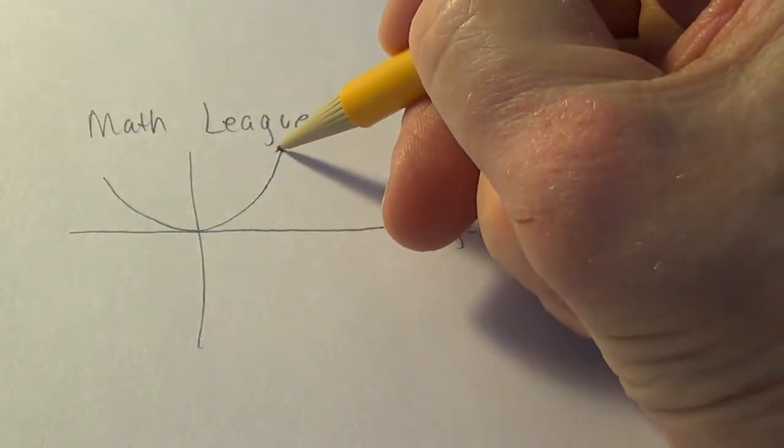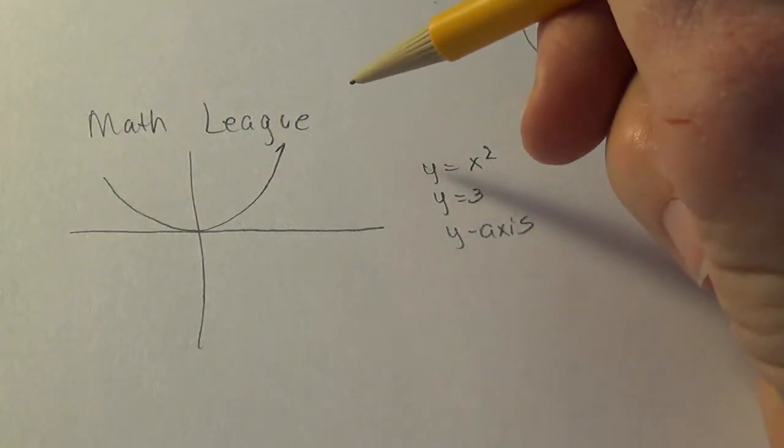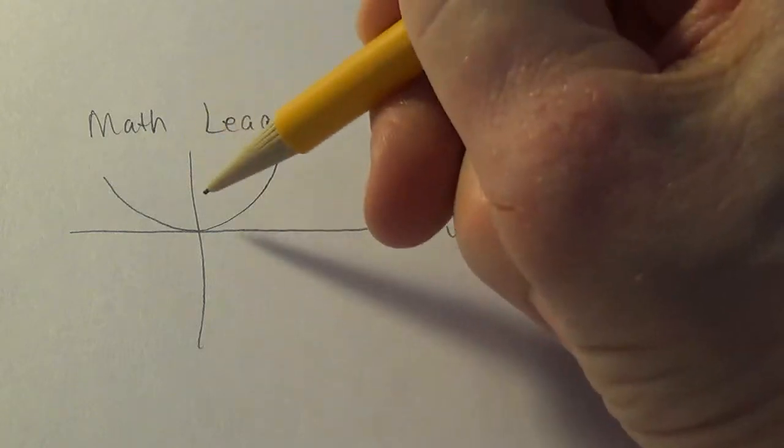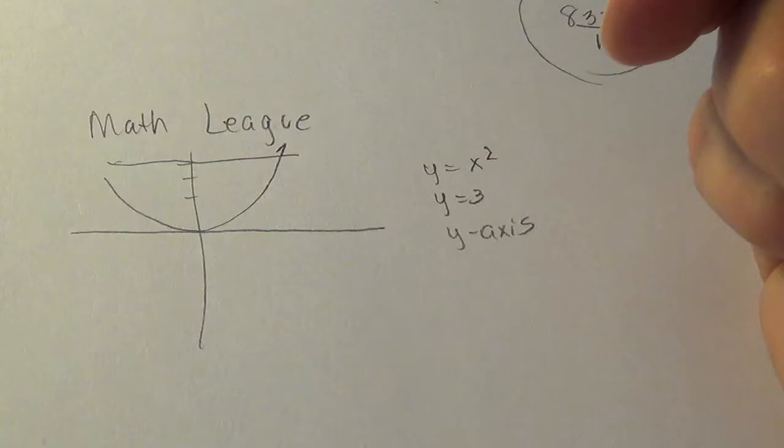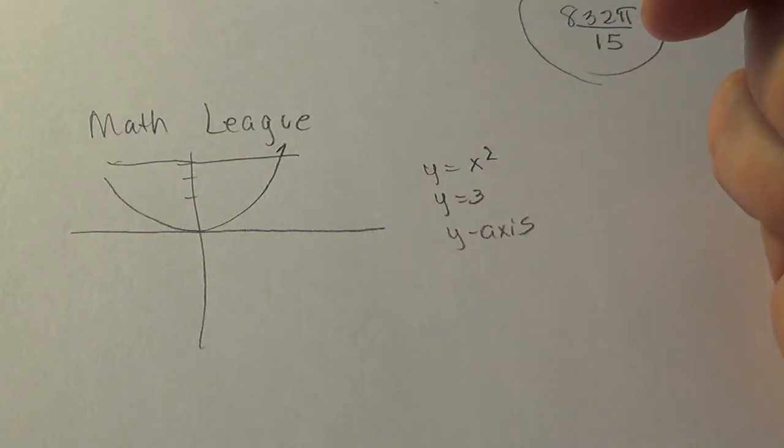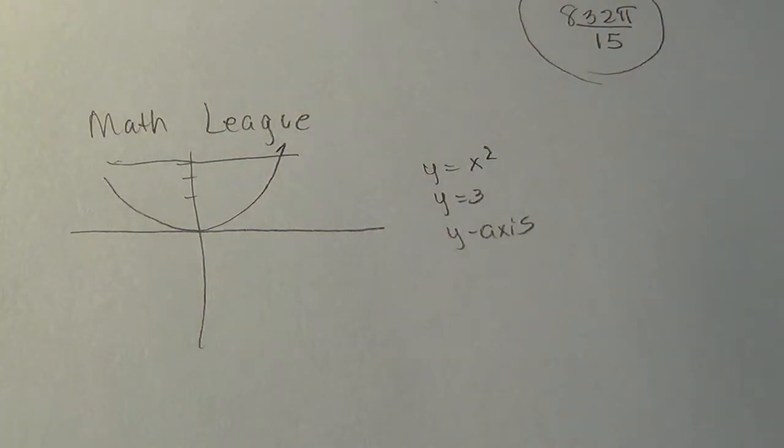If I don't remember right, I'll correct myself later. Y equals x squared, 1, 2, 3. Is that right? I don't think that was right. Let me go peek at it. Hold on.